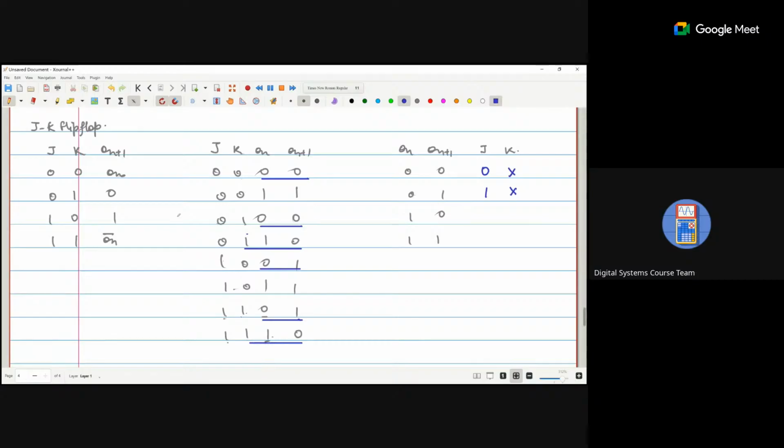So K is 1, J is changed, so cross. Okay, and last is 1 and 1. So K is 0, but J is changed. So cross. Okay, this is the excitation table of JK.